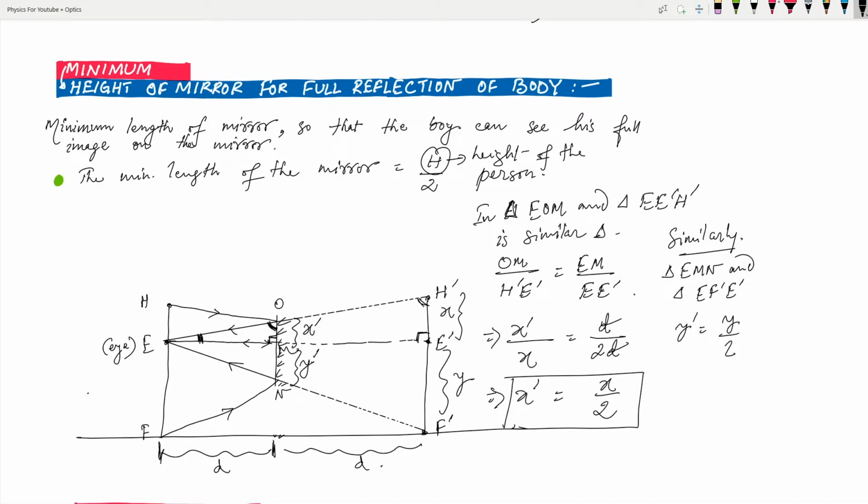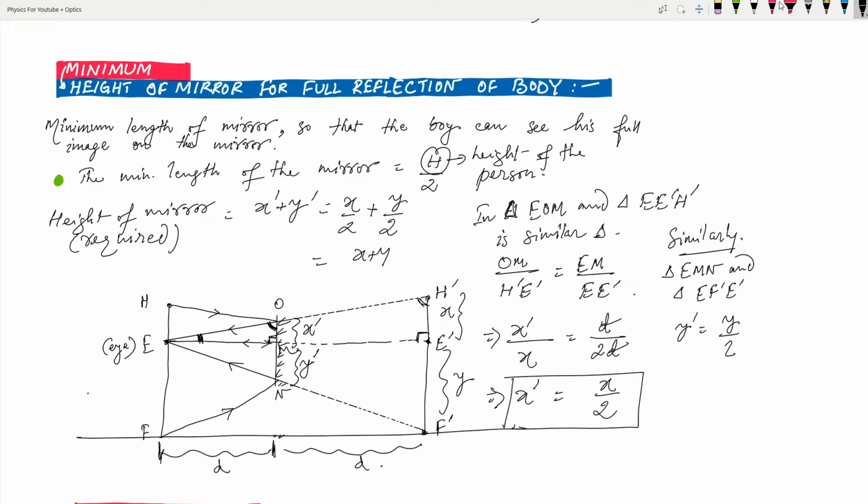Now, what we are looking for is the height of the mirror. The height of the mirror, or the required height, is X dash plus Y dash. Now we have found out the value of X dash and Y dash. X dash is X by 2, Y dash is Y by 2, so this is (X plus Y) by 2.